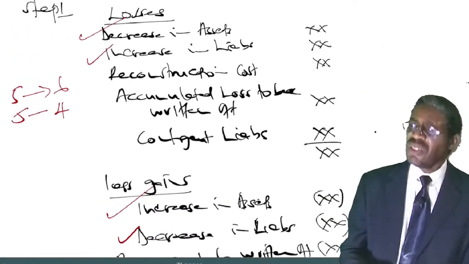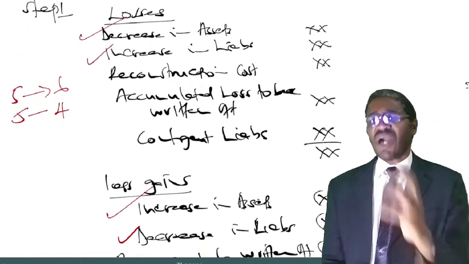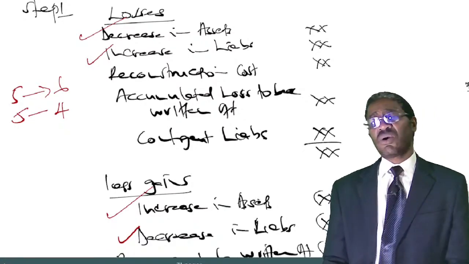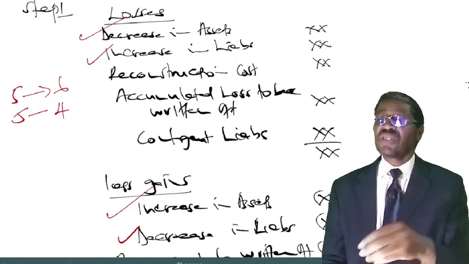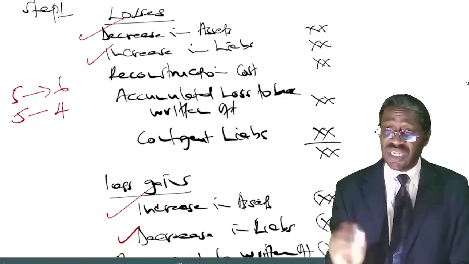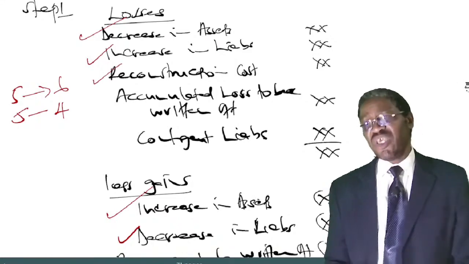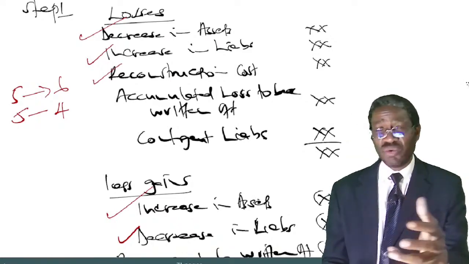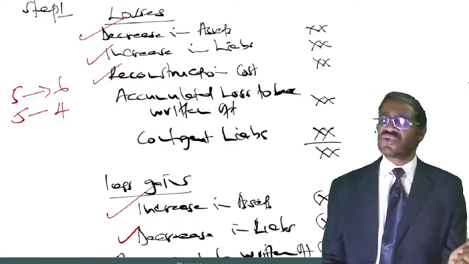Good. Then we said, what are the other components that can give rise to losses? Another thing that could happen that makes your company suffer in the process of reconstruction is any reconstruction cost. Maybe in the process of reconstructing your company, the question tells you you will spend 2 million shillings to reconstruct the company.